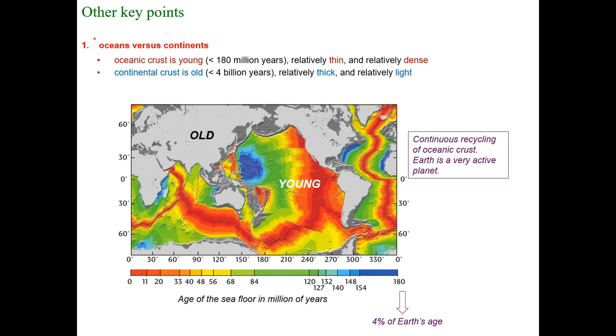What we find is that the ocean crust is relatively young. And it's like actually really, really young. So here's the ocean crust. You can see it's kind of color-coded in all these rainbow colors. The red colors mean it's young, even just thousands of years old.